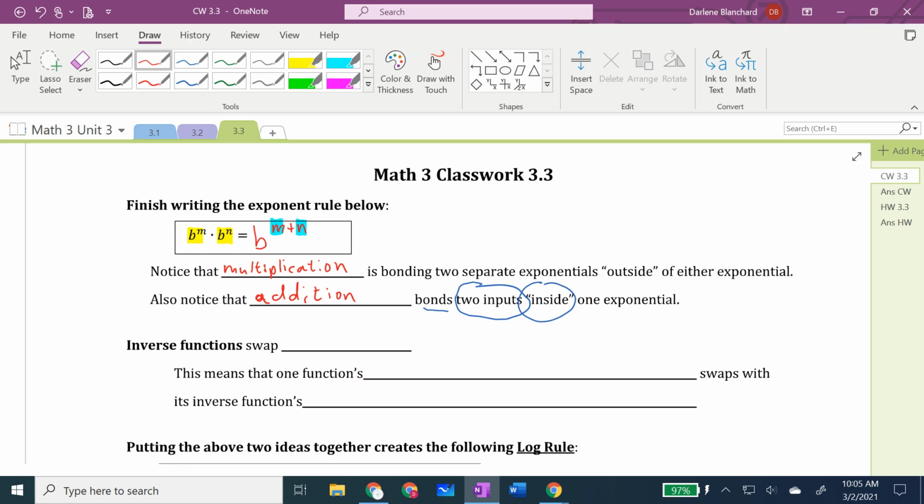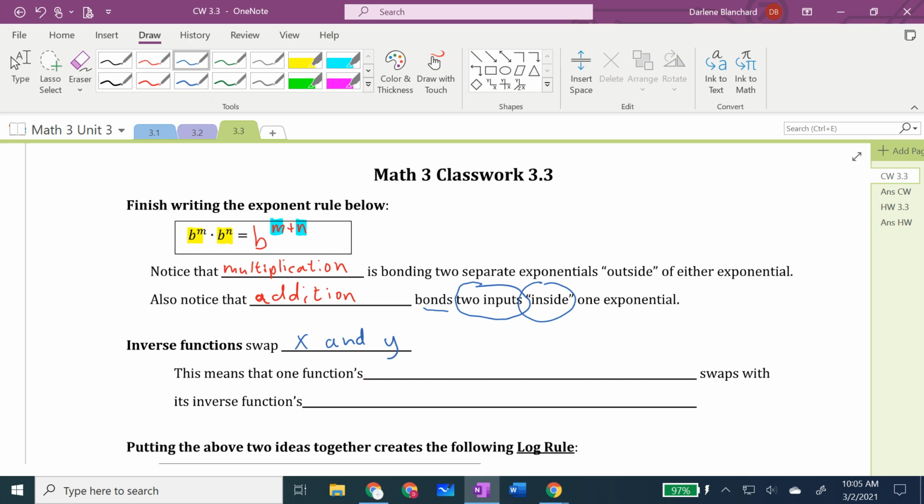Now, for review, what do inverse functions swap? When you go to find an inverse function, they swap their x and y variables.